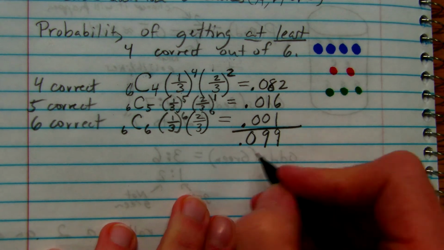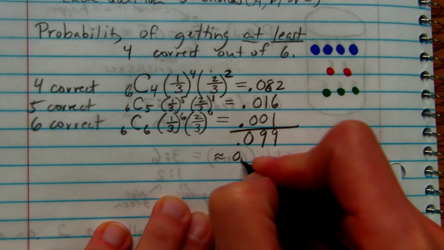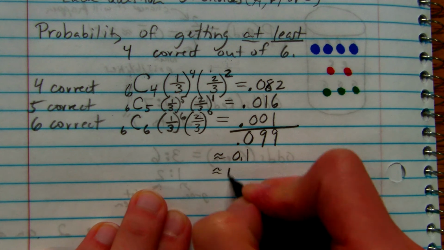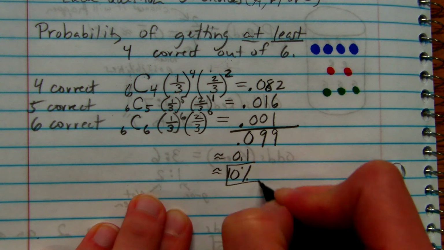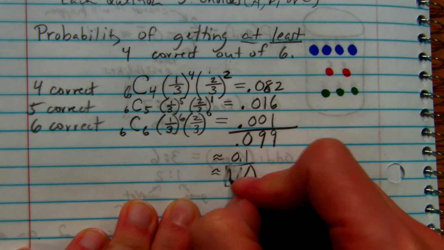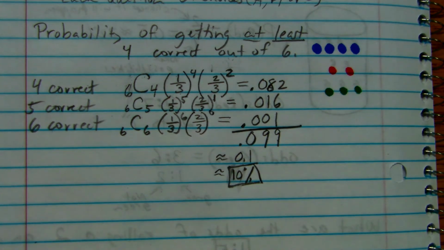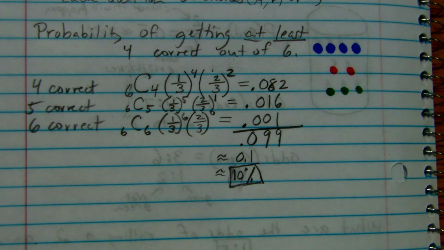You could round this up if you want and say it's about 0.1, which would be about a 10% chance of getting 4, 5, or 6 right, which would basically be passing. You have about a 10% chance of passing the test if you didn't study at all and knew nothing about the questions. Normally, we don't go in and completely guess and just circle random stuff, but if you did, that would be your chances.